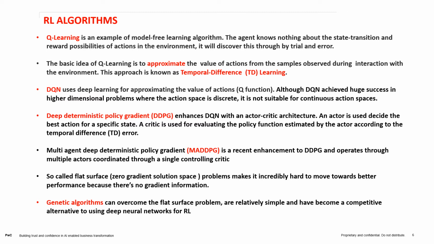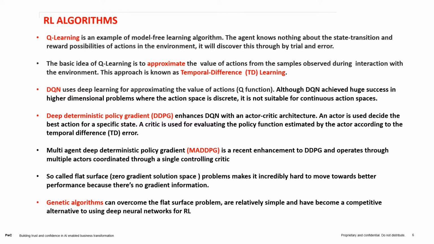Now, the basic idea of Q-learning is to approximate the value of these actions for samples observed during interaction with the environment. This process is called temporal difference learning, so-called TD. The agent makes an estimate of the value of an action, then takes certain actions through trial and error, gets new information, then refines or updates that estimate, and that determines what the best next action would be, and so the process continues.